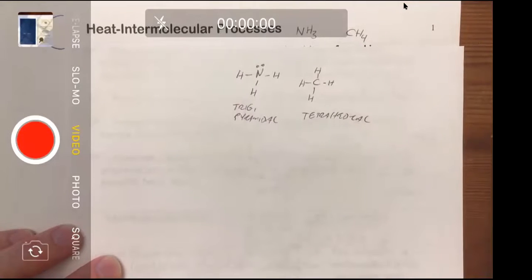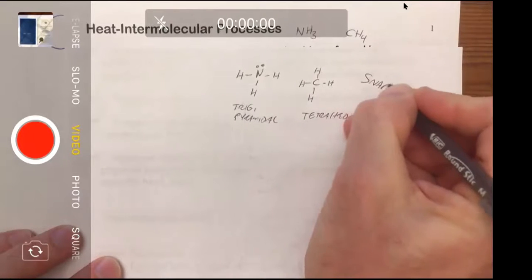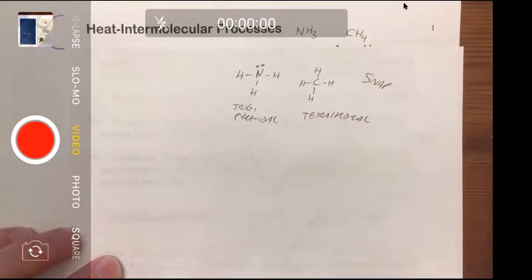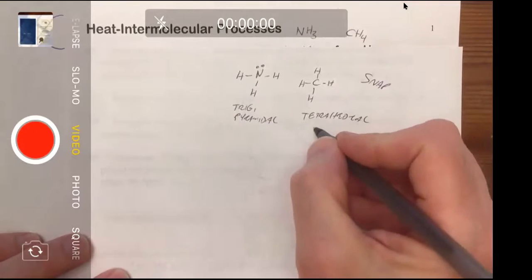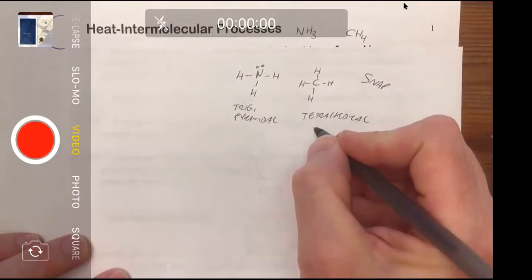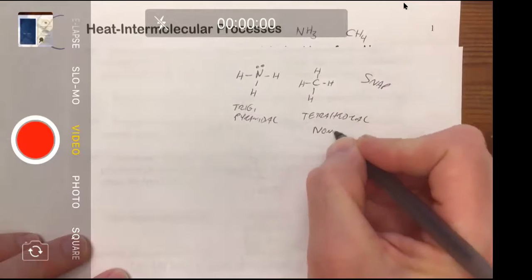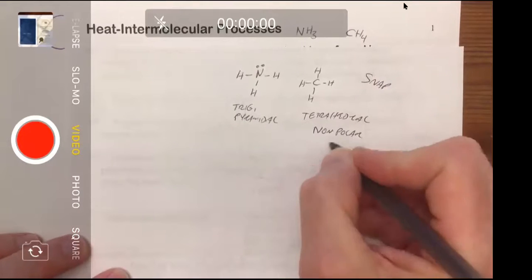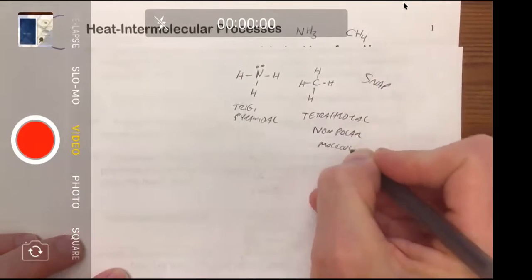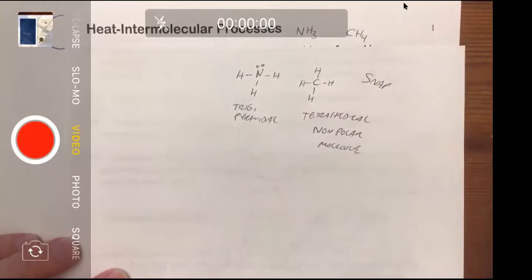Symmetrical. And if it's symmetrical, remember we said that they cancel. So even if there were polar bonds, because it's symmetrical, Swasti, what would we say this overall molecule is? Polar or non-polar? Non-polar. Perfect. It would be a non-polar molecule. All right, and you're going to see why we're talking about all this stuff in just a second.